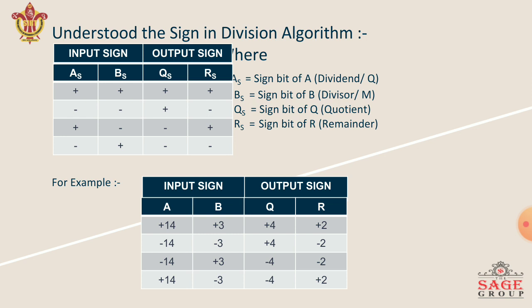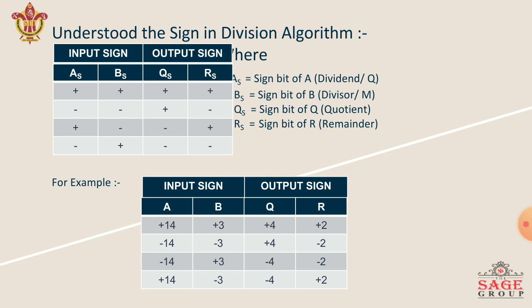AS is the sign of dividend, BS is the sign of divisor, QS is the sign of quotient, and RS is the sign of remainder.